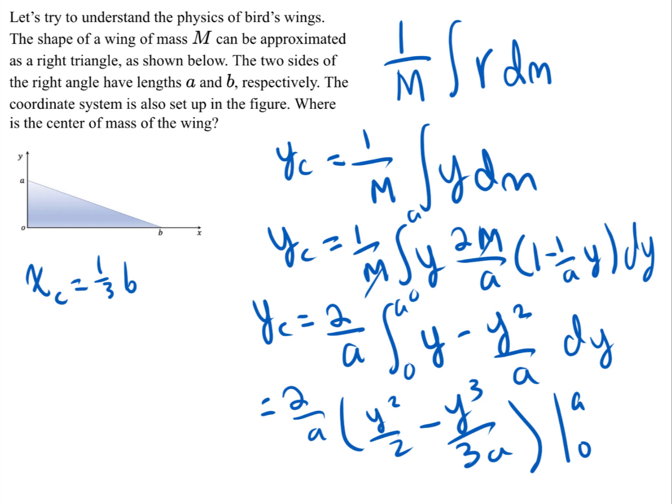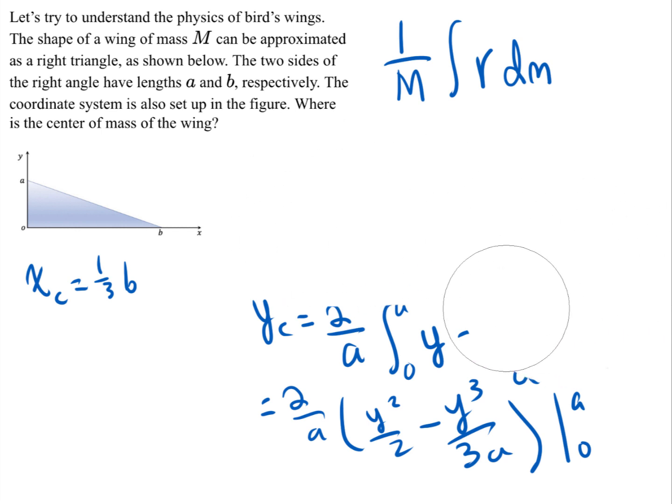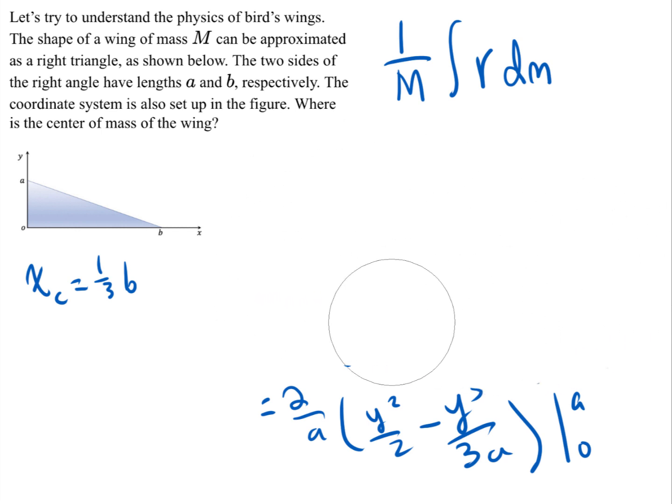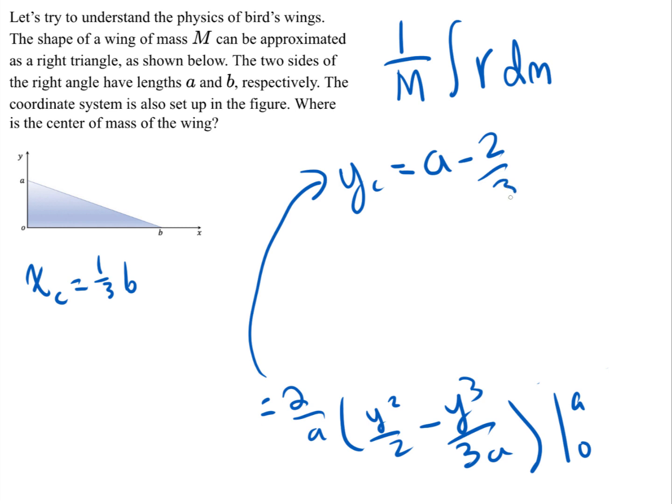And if you look at this, this is almost the exact same thing as what we had earlier, just with a instead of b. So if you evaluate this, you get that the y-coordinate for the center of mass is going to be equal to a minus 2/3 a.